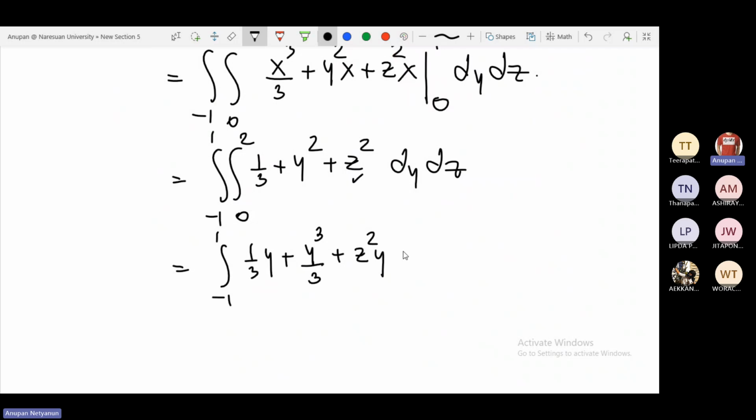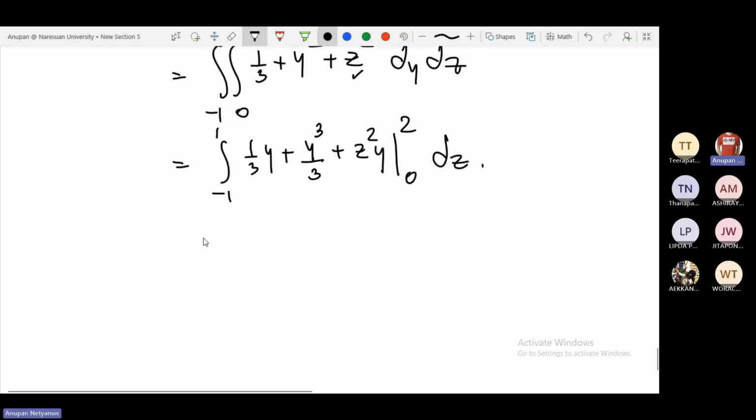The running number is from 0 to 2, dz. Plug in 2 for y: you have 2/3, 2 cubed is 8 over 3, and 2z squared. Then minus plug in 0 for y, everything is 0. So you are left with this.